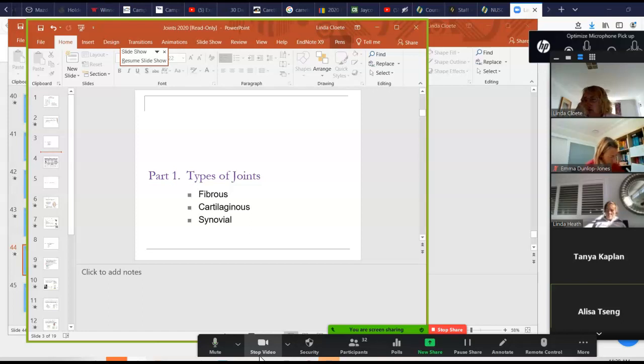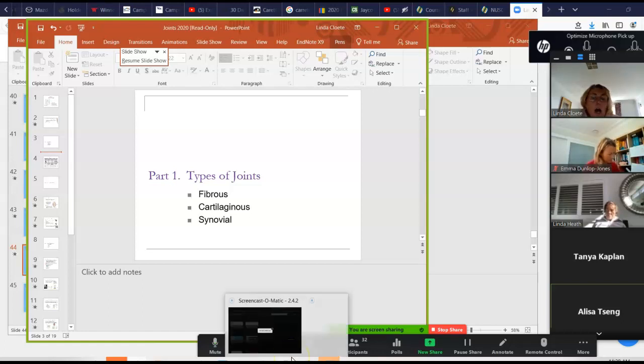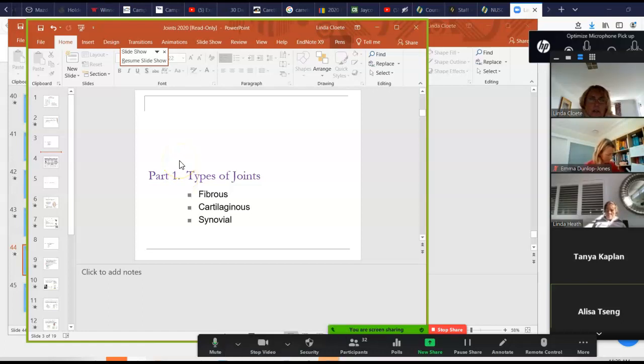For the hyaline cartilage, you need to know the difference between hyaline cartilage and your fibrous cartilage.